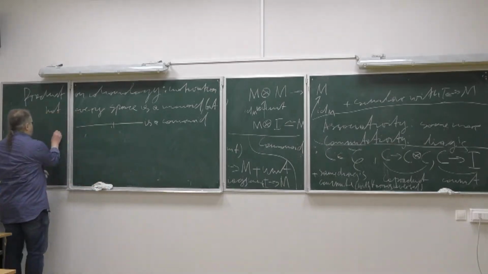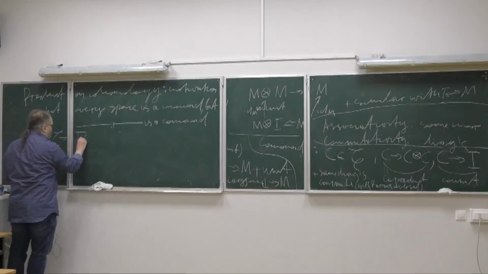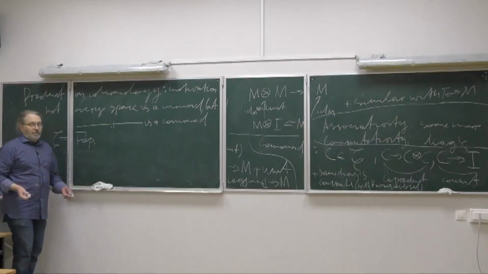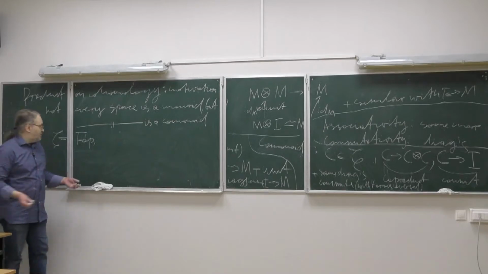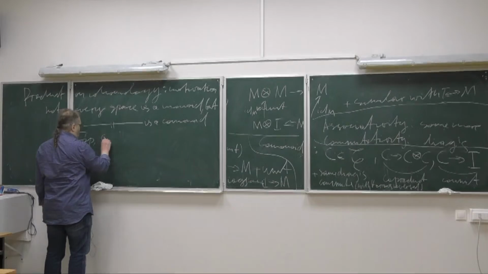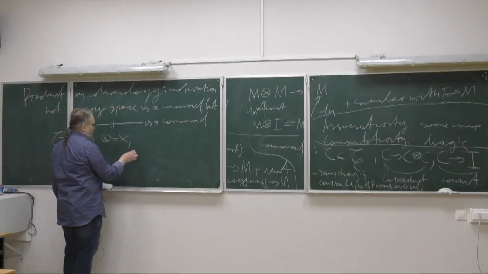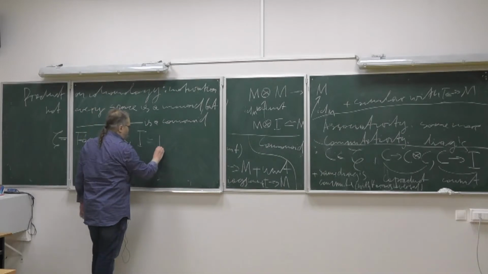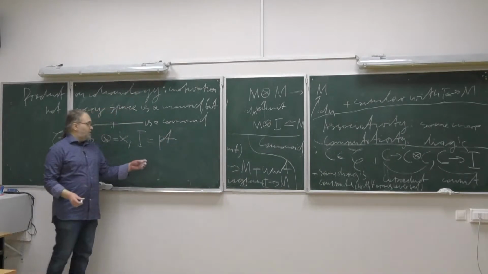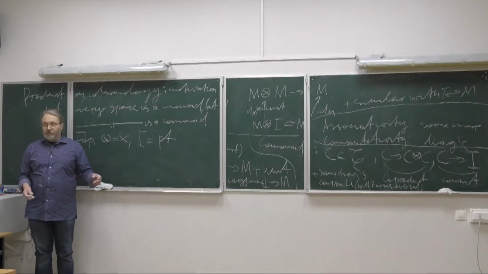So now let me take C equal top. Then the tensor product is just the usual Cartesian product. The unit of the tensor product is just the one-point space.